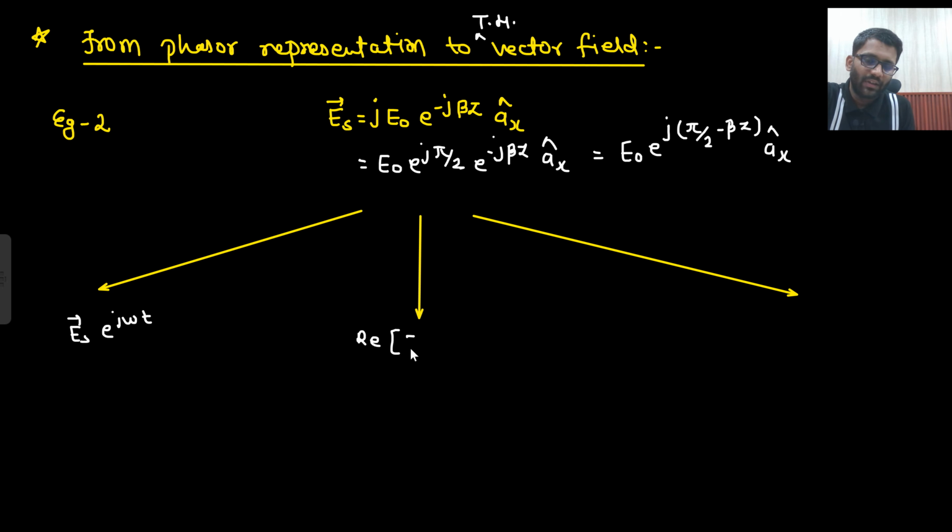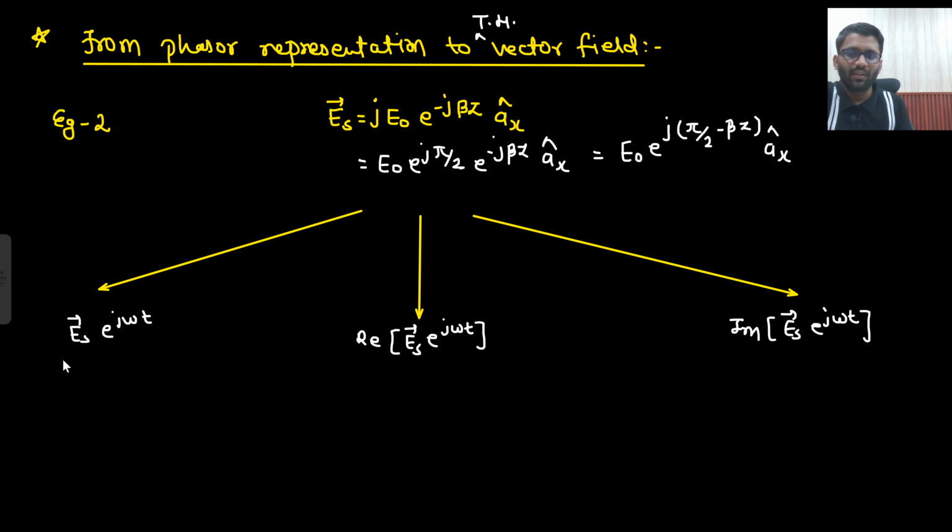Or I can take the real part of e to the power j omega t, imaginary yes. All these things will help us in the derivation. In the next lecture, I am going to show you the derivation of the EM wave. So there, all these things will help. And in this lecture as well, when we see the phasor representation of our Maxwell equation, there also it will help.